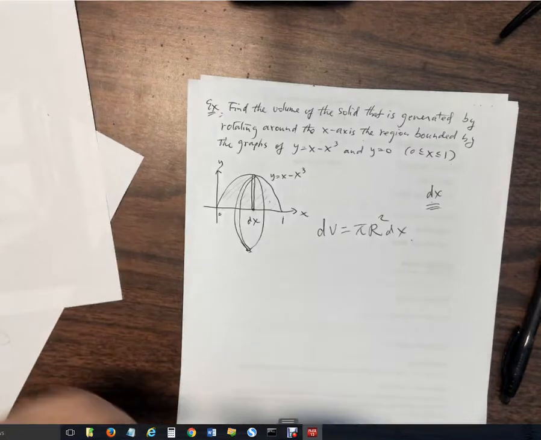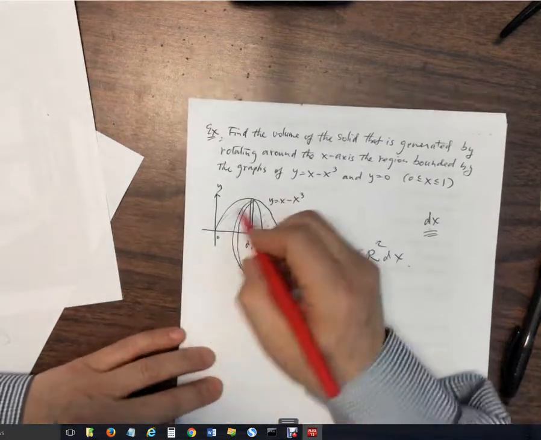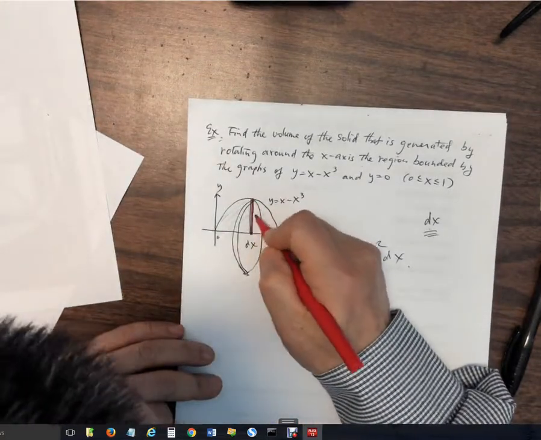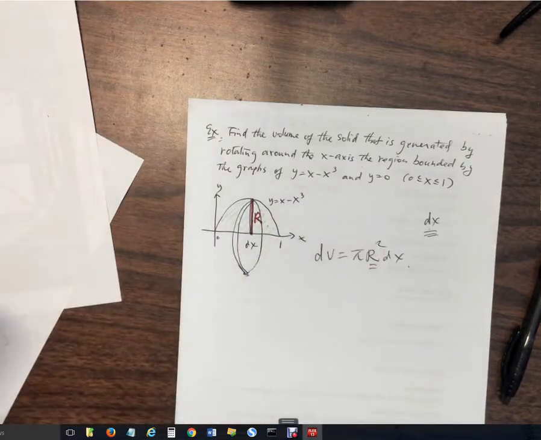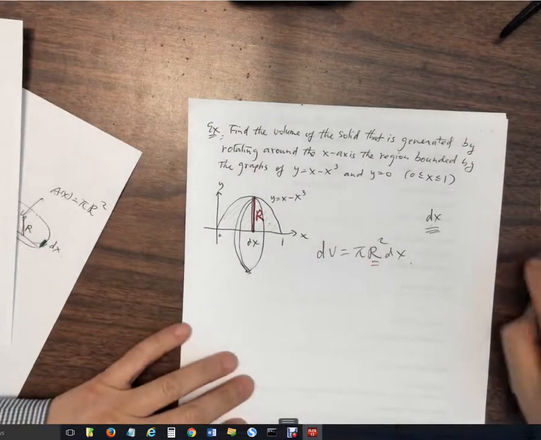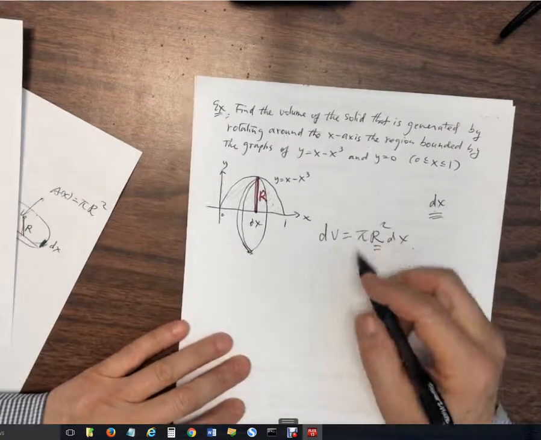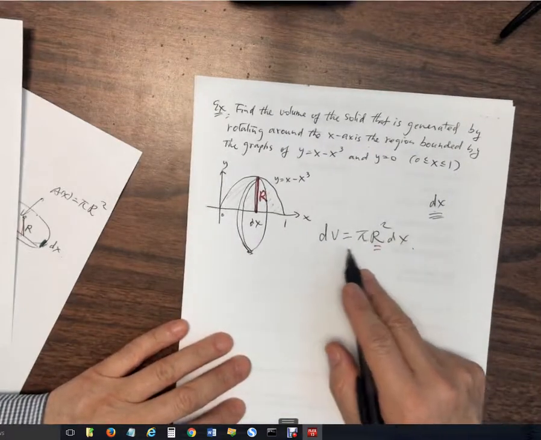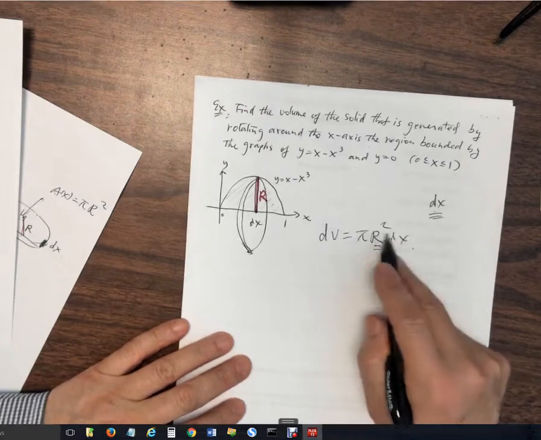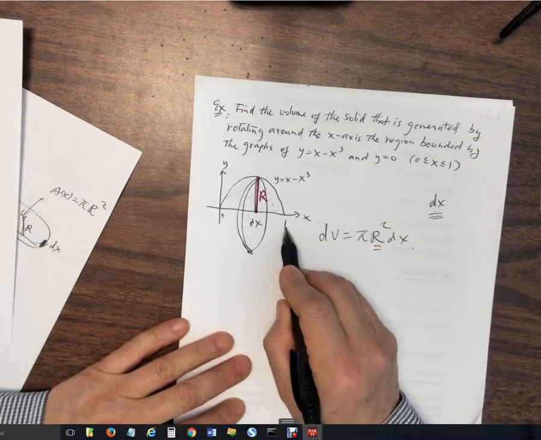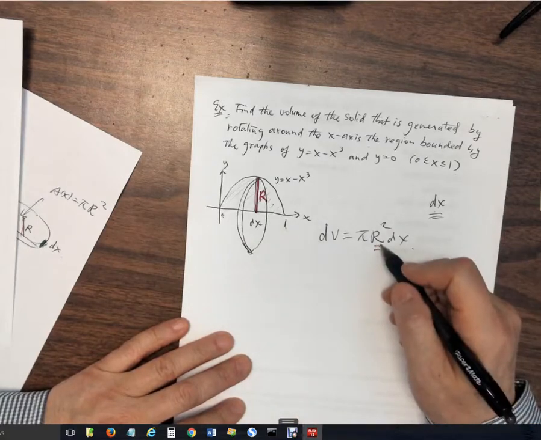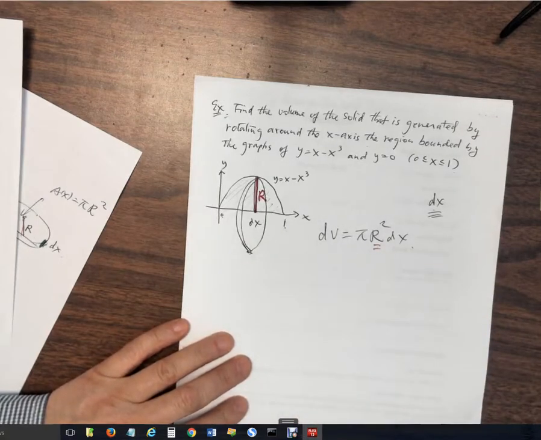And the radius r, as we see from the graph, only from the graph. Okay, so before we add all those things up from a to b, clearly it's from 0 to 1 in this problem, we need to figure out the expression for r.